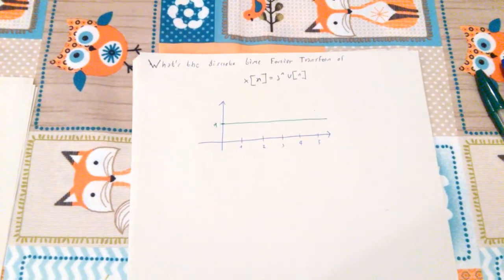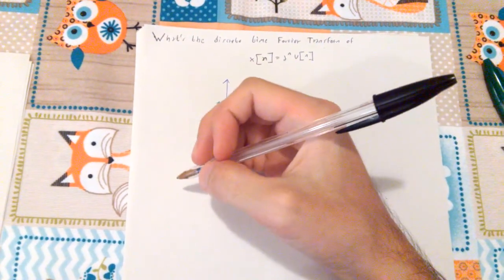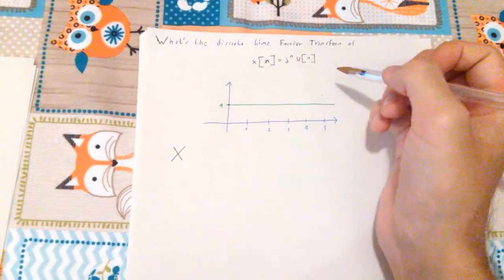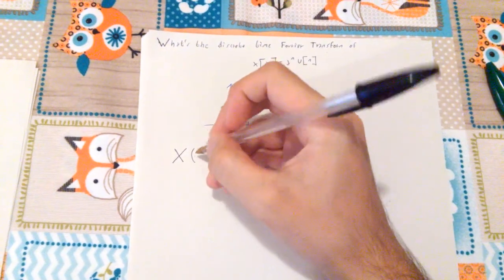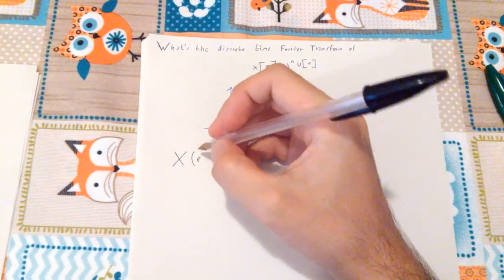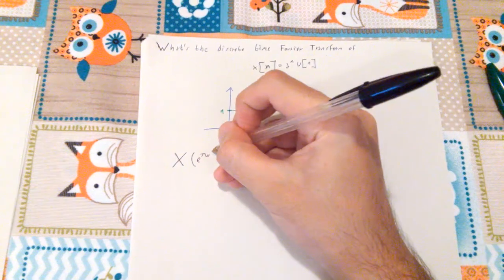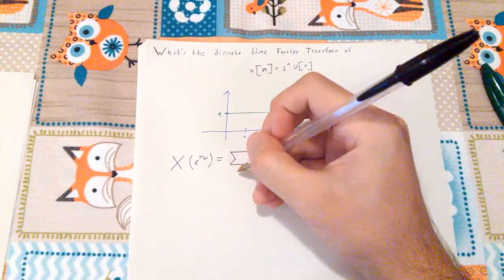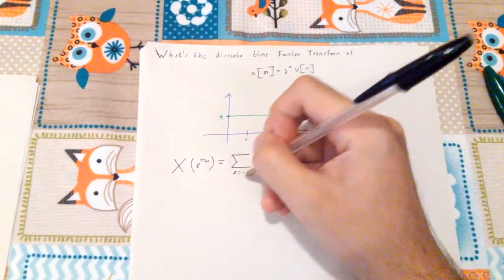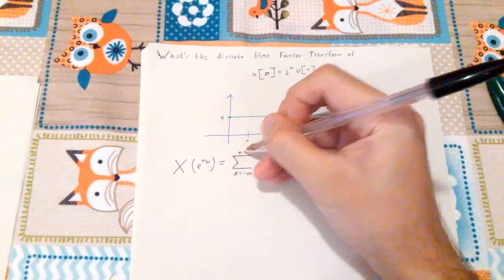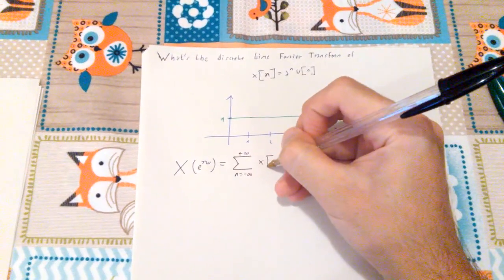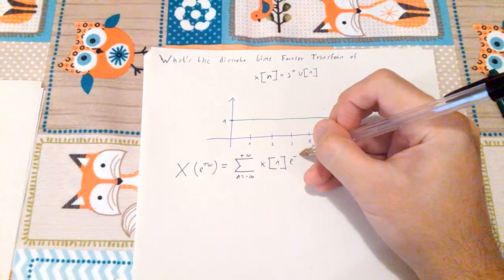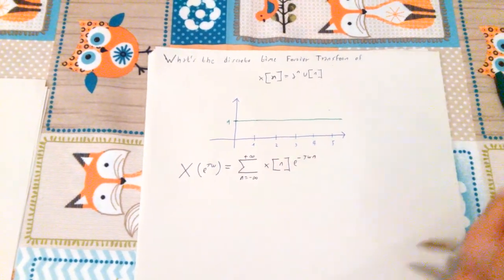Now what do we do with this? Well, I'm going to apply the formula. So the discrete time Fourier transform is capital X of e to the j omega equal to the sum from n going from negative infinity to positive infinity of x of n e to the negative j omega n.